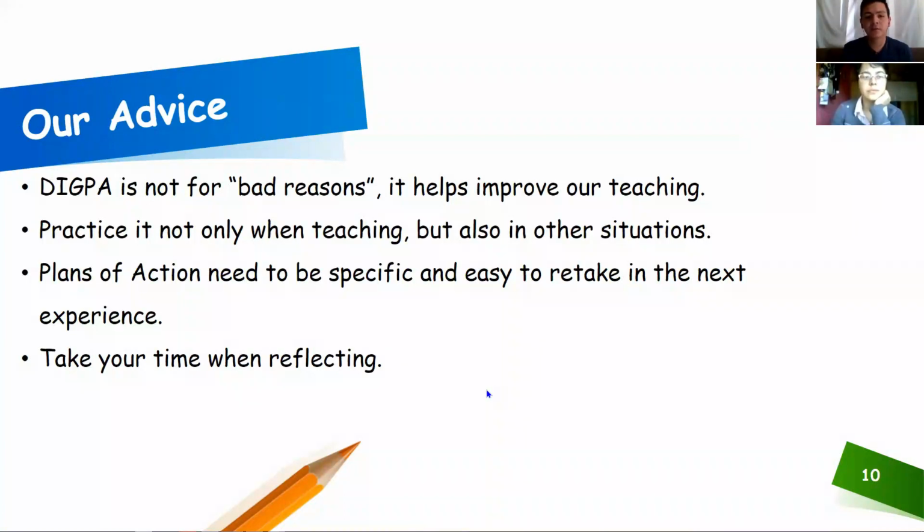If you are under pressure, if you are doing it just because you want to deliver the report or just because you want to practice it, but you don't have time to really do it, it will not be very effective. If we take our time to actually digest the information, to create good action plans, we can have a better outcome. I don't know how much time we took doing the DIGPA process. I think it was 10 minutes or less. So I think it's a very valuable time because it helps us a lot for future outcomes.